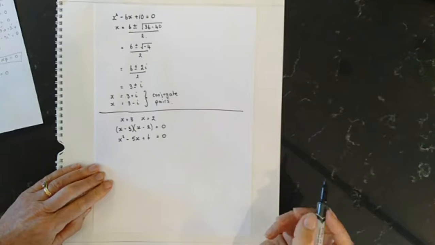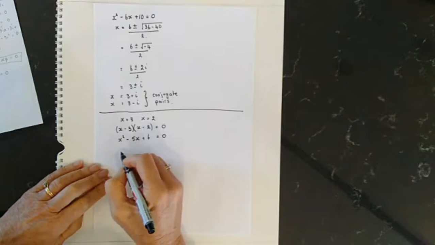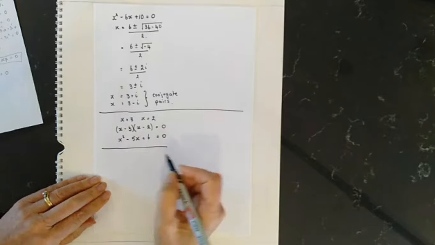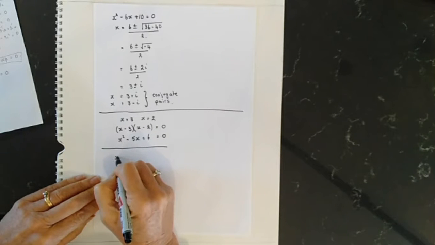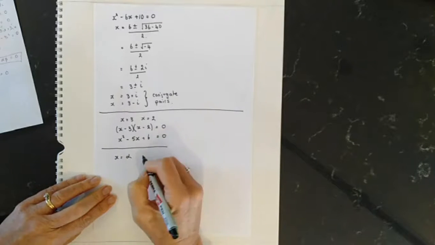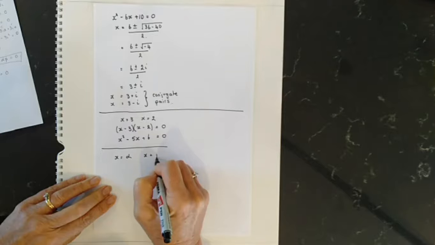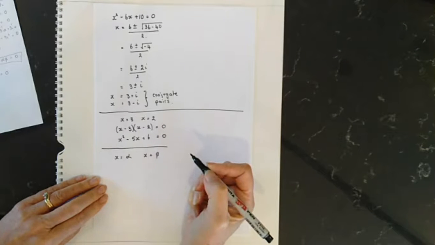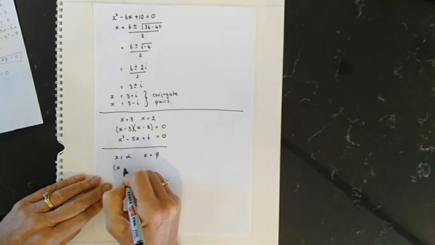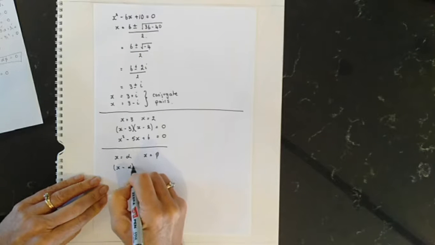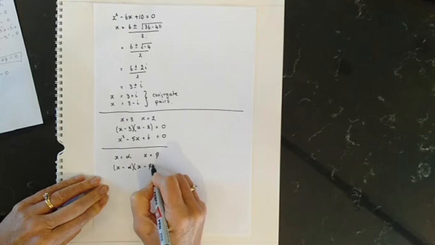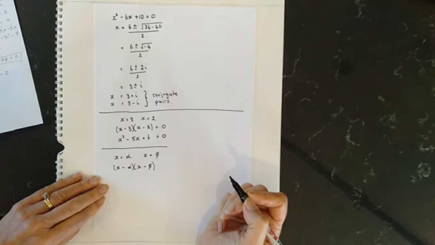Okay, now I'm going to do something that's a little bit new. So that's finished. If I had a quadratic and the roots of that quadratic were unknown, but I'm going to call one of them alpha, and I'm going to call the other one beta. Then, using the same method, I could work backwards and say the quadratic must have been x minus alpha and x minus beta equals 0.